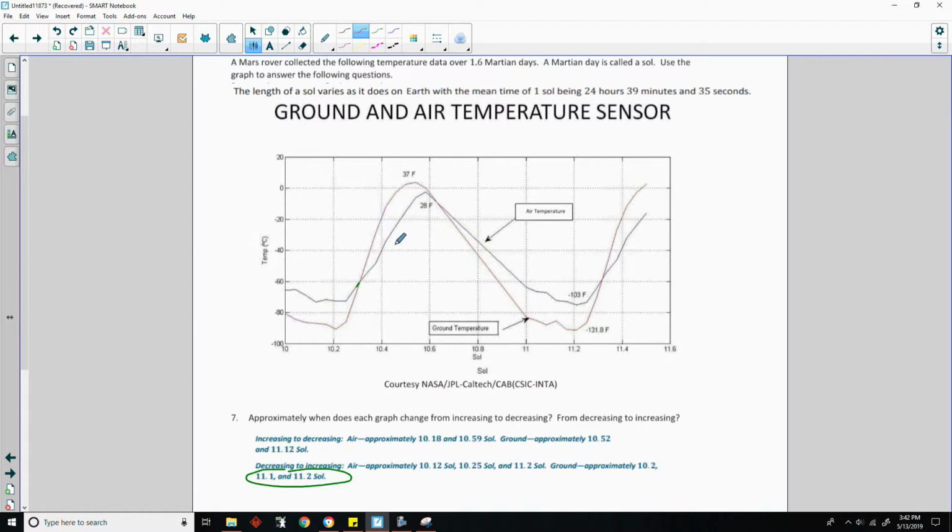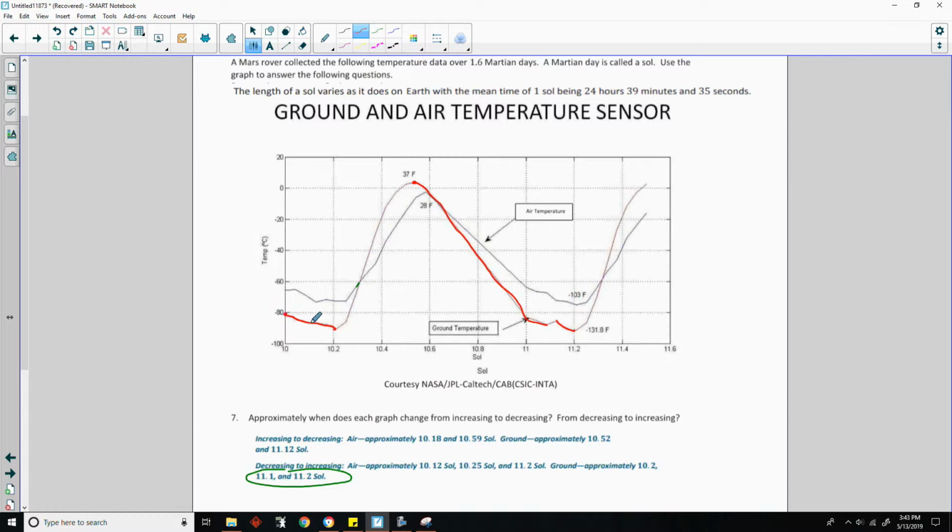Ground temperature is the red line. It is decreasing from here to here. It is decreasing from this highest point here, decreasing, decreasing, decreasing to there. It increased for a second, but then it decreased again to there, and then it increased. So there's 1, 2, 3 different intervals where it decreased.